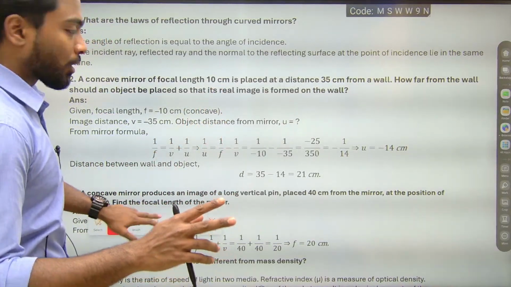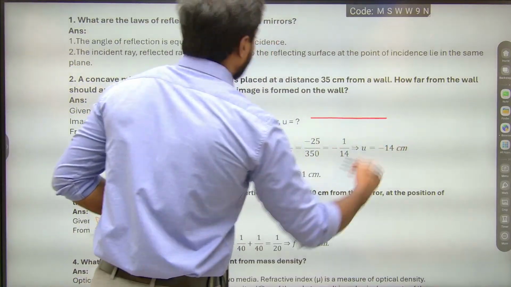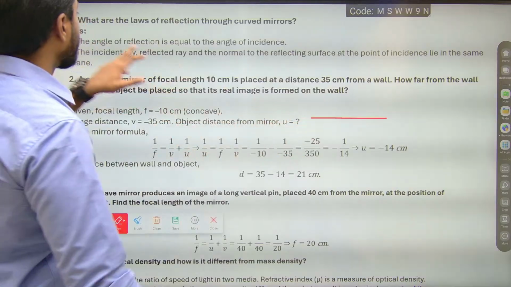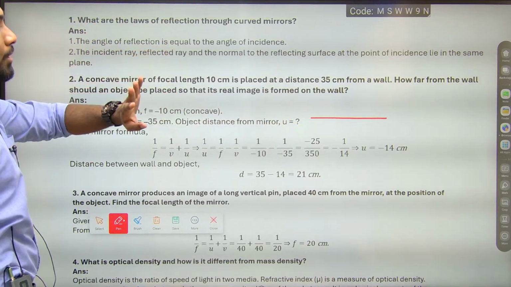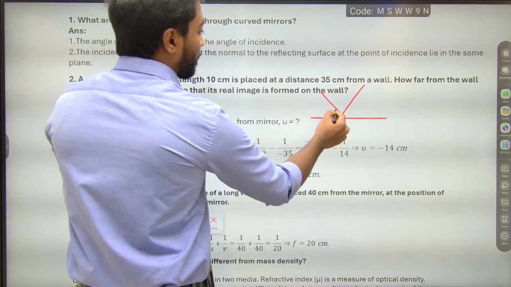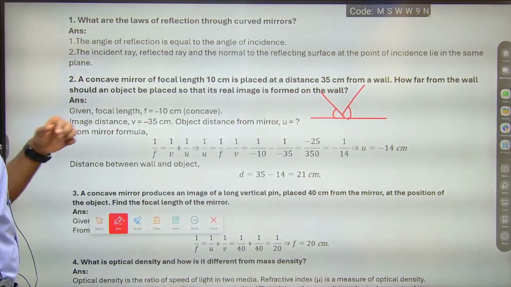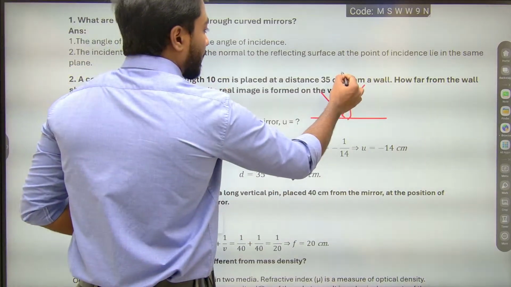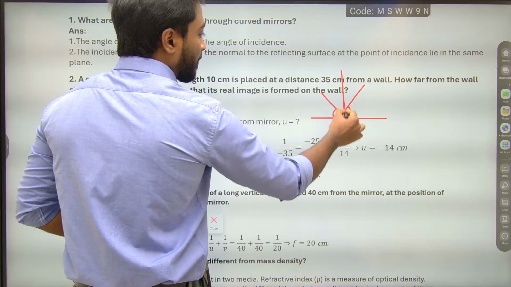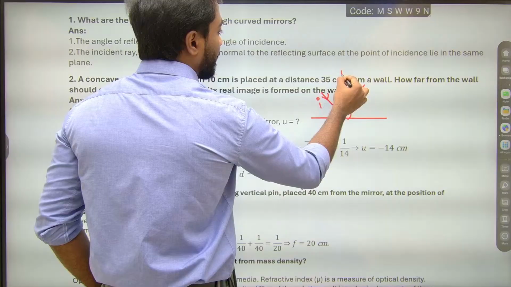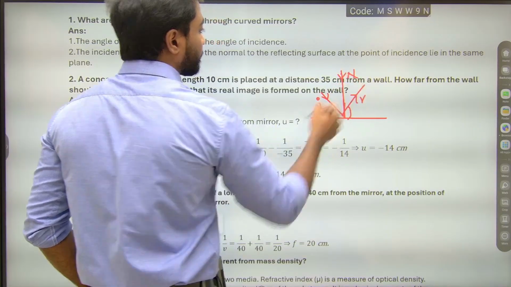So for one law, let me take a curved mirror. The angle of reflection is equal to the angle of incidence. And the next one: the incident ray, the reflected ray and the normal. This is my incident ray, this is my reflected ray, and this is my normal.